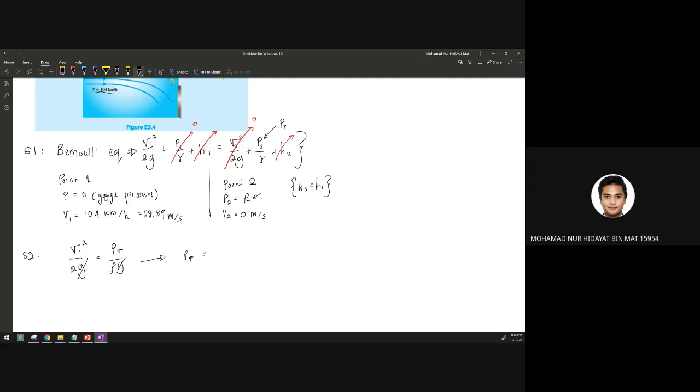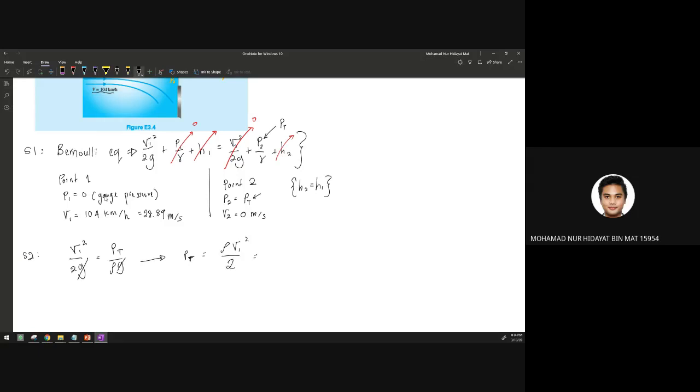PT becomes the subject, which is rho V1 squared over 2.